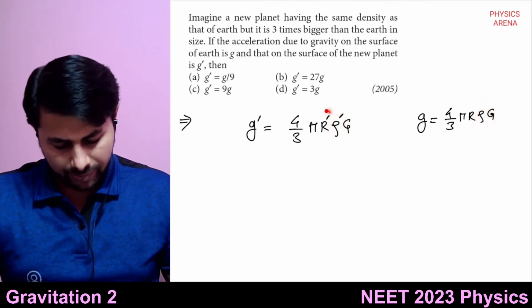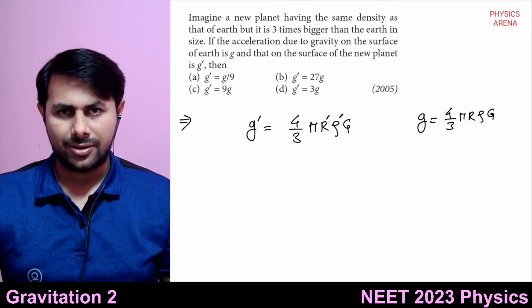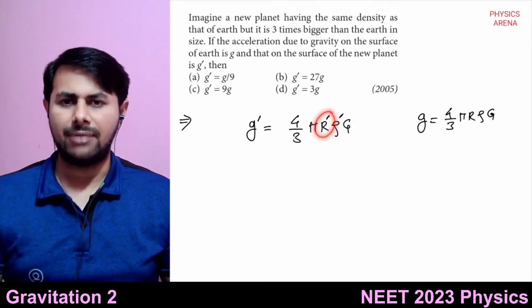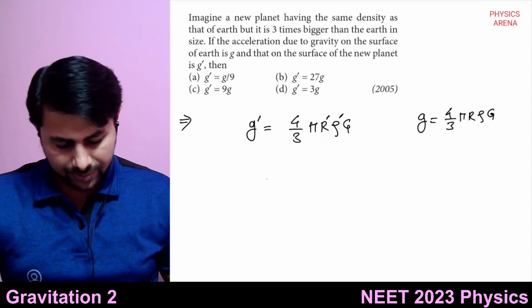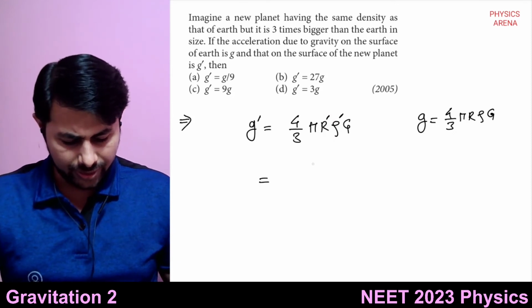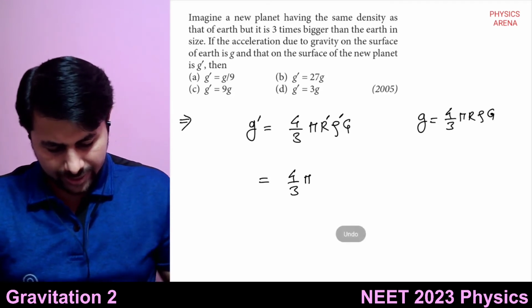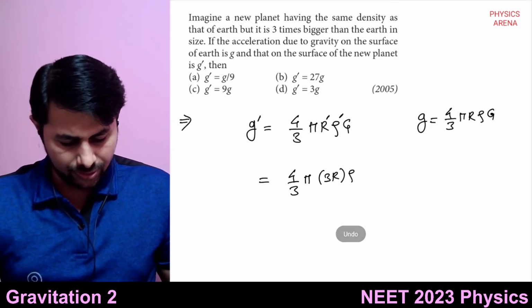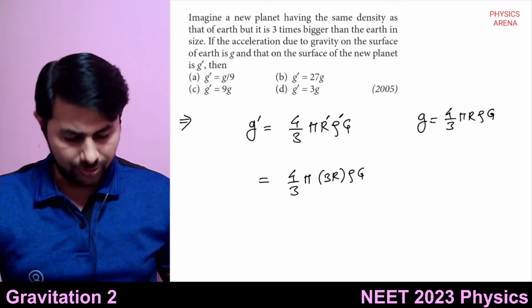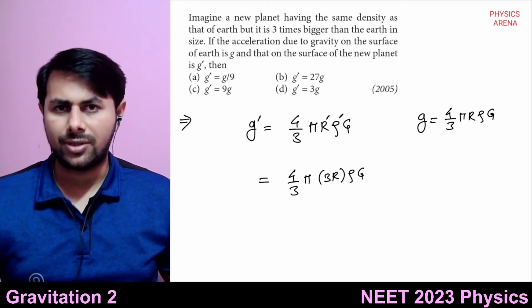But it is 3 times bigger, so r dash is equal to 3 times r. Therefore you can write g dash is 4 by 3 pi multiplied by 3 times r into rho into G.